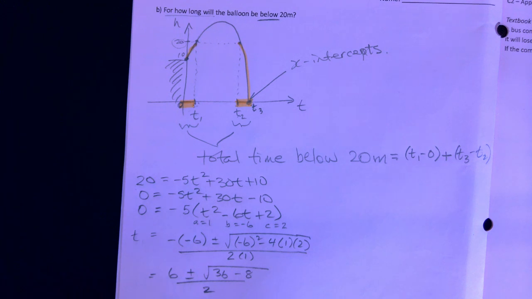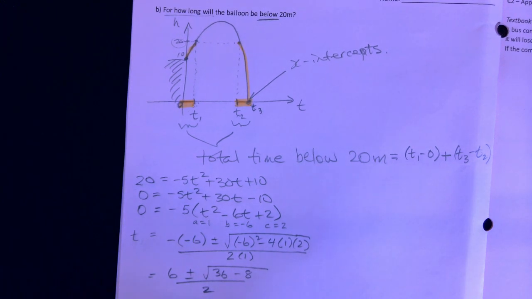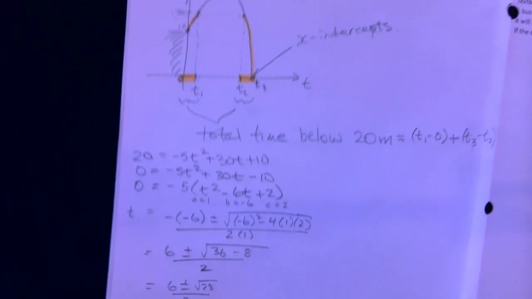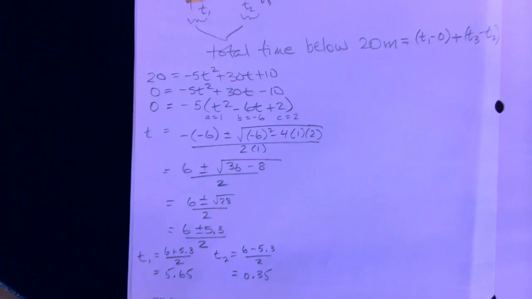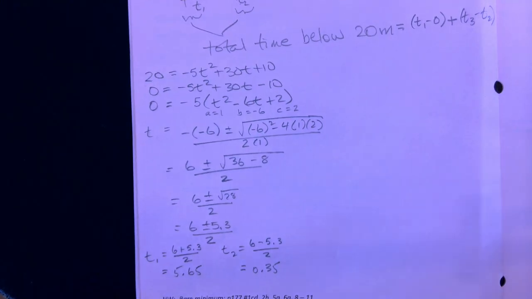So you'll get 5.65 and 0.35. Uh-oh, I didn't move this down while I was recording. Darn it. Okay, let's pause right now. Press pause on the video so you can write. Maybe you were writing as I was talking, but you can just check it. So press pause for a sec.